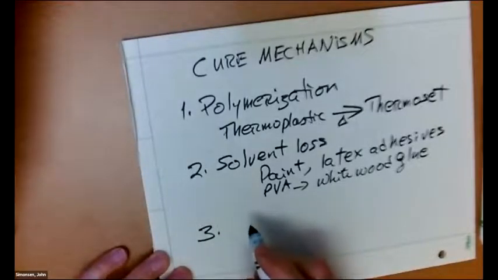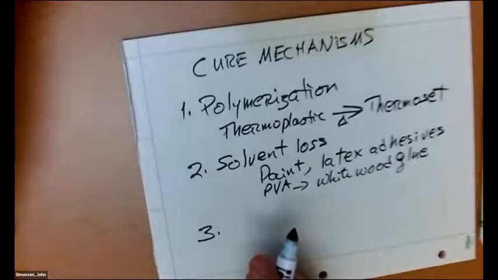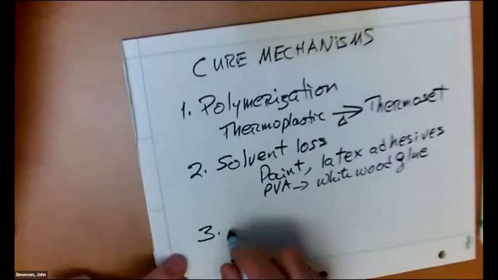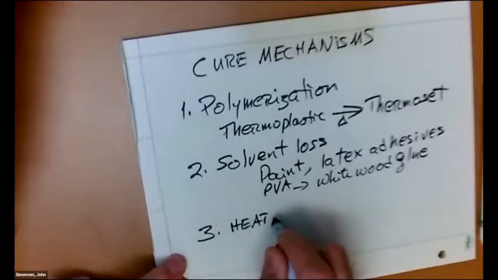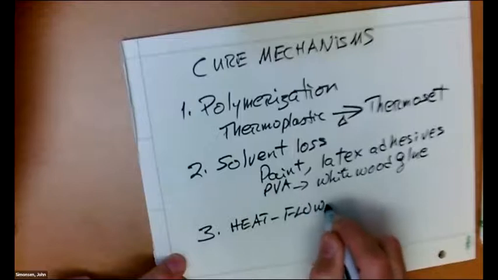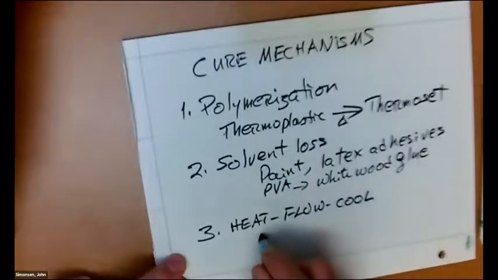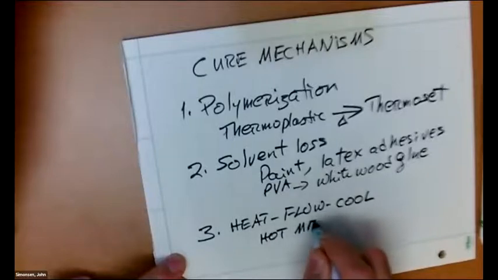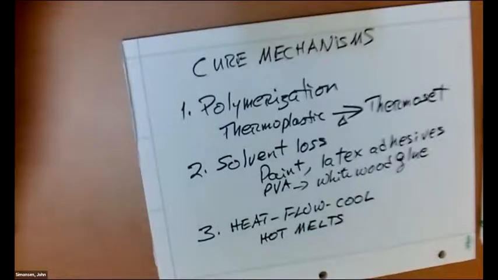So the third one is hot melts. So here you just have a polymer that has a low enough molecular weight. It's still high, but it's low enough that when you melt it, it's reasonably fluid. So then you can apply it as a fluid, and as it cools, it becomes a solid. So that works fine. It is a mechanism. It does work.